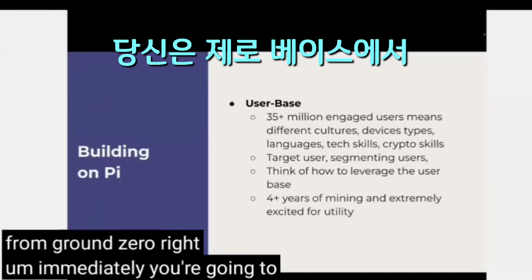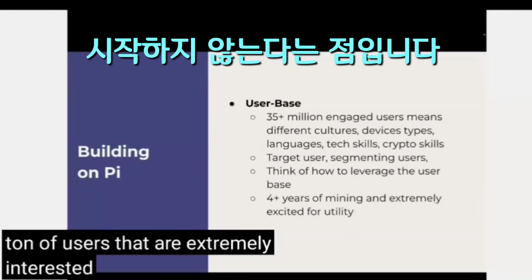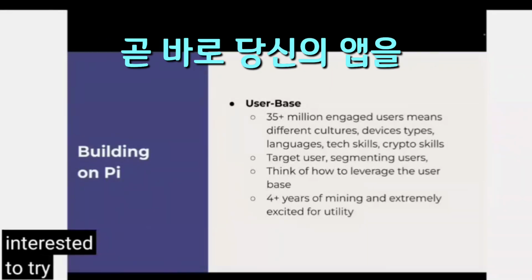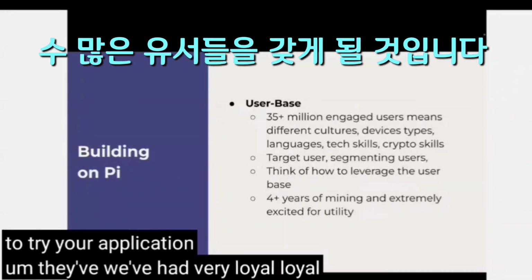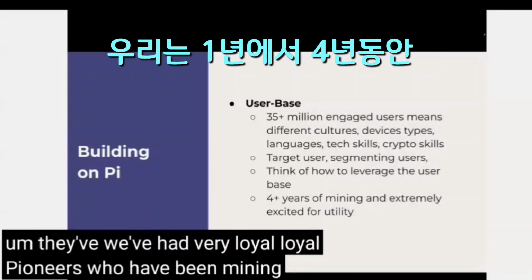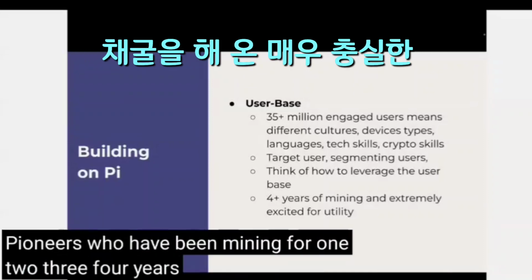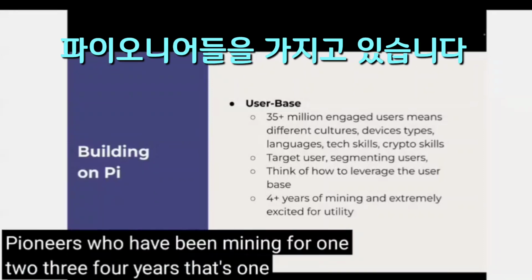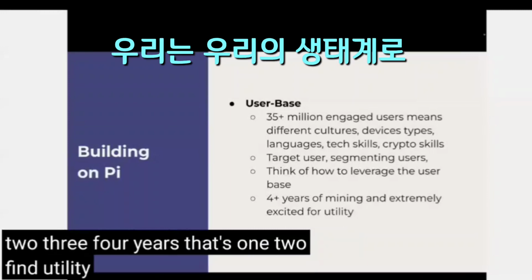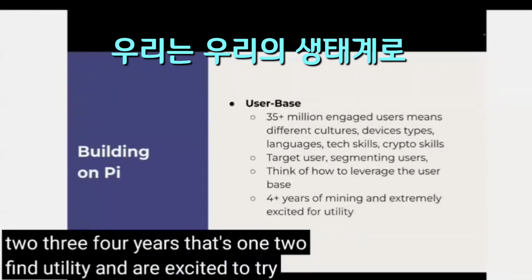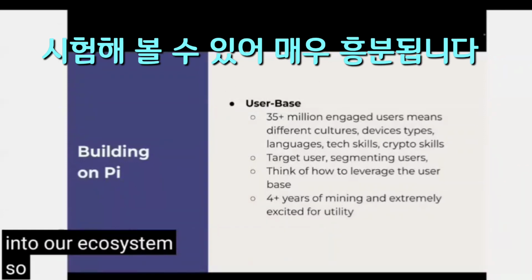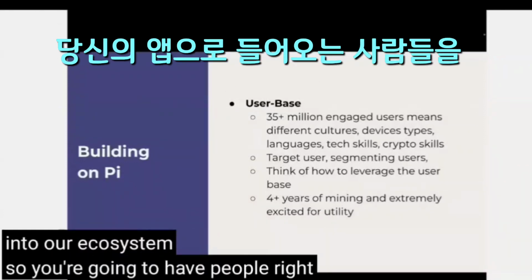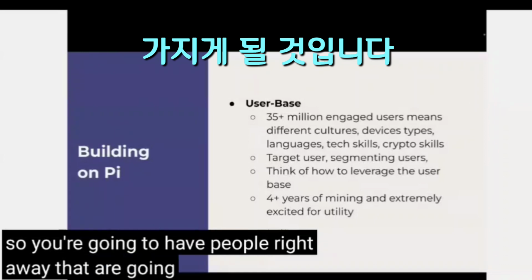Immediately, you're going to have a ton of users that are extremely interested to try your application. We've had very loyal pioneers who have been mining for 1, 2, 3, 4 years that want to find utility and are excited to try these different apps that are coming into our ecosystem. So you're going to have people right away that are going to come to your app.